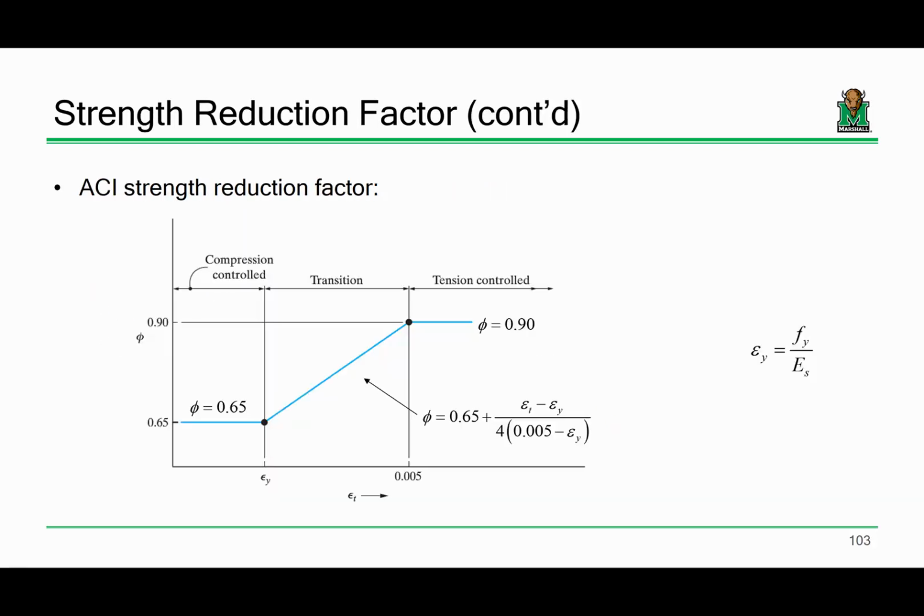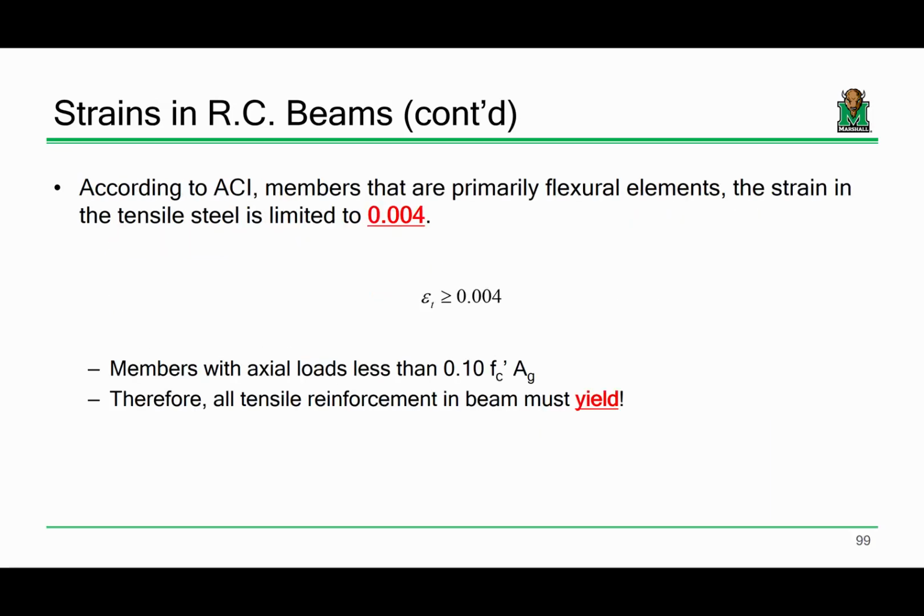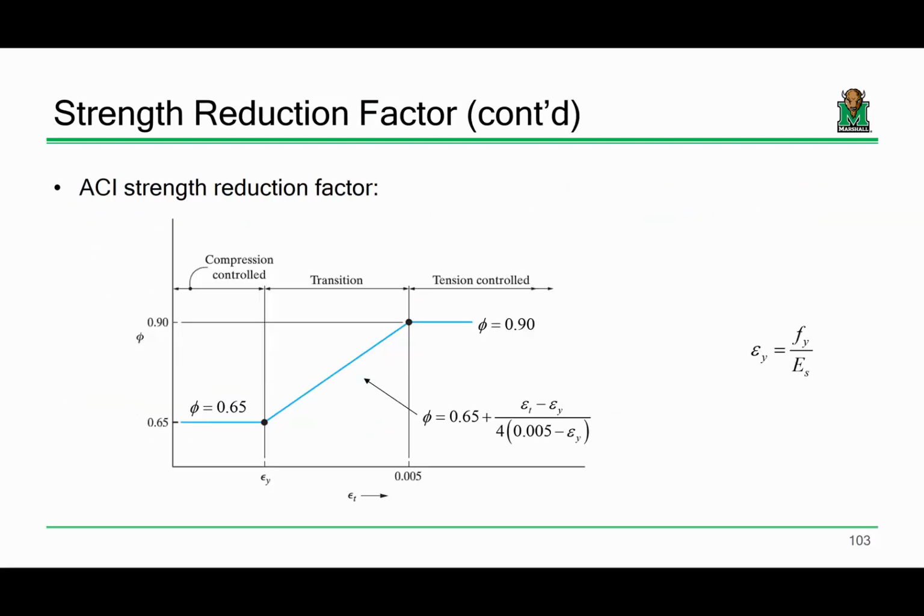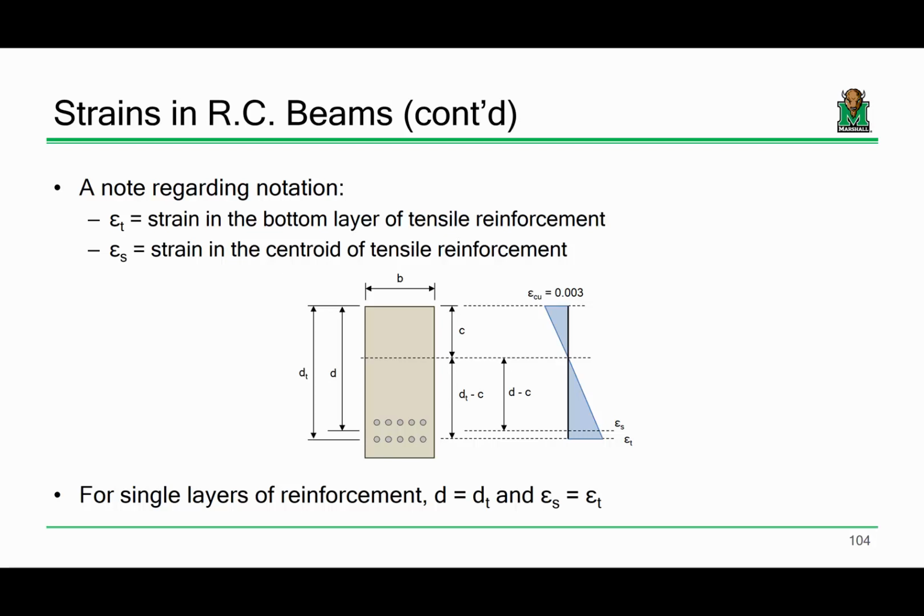Whereas this limit here on epsilon sub t, what we're talking about is the strain in the lower region. This is only relevant if you have two layers of steel. More often than not, in regular old building design, you can probably get away with just using one layer. You know, use bigger bars and use fewer of them.